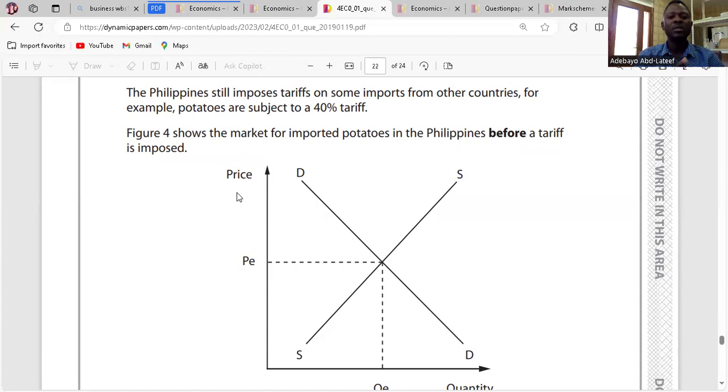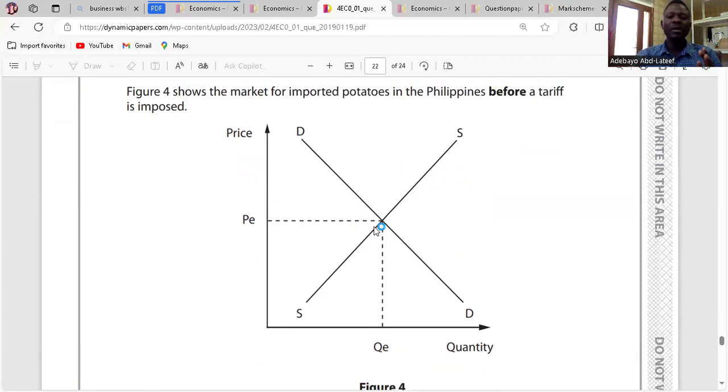Figure 4 shows the market for imported potatoes in the Philippines before a tariff is imposed. Before the imposition of tariffs, there is equilibrium price and quantity at PE and QE, where demand and supply are equal. Now, imposition of an import tax will bring about an increase in the cost of production.